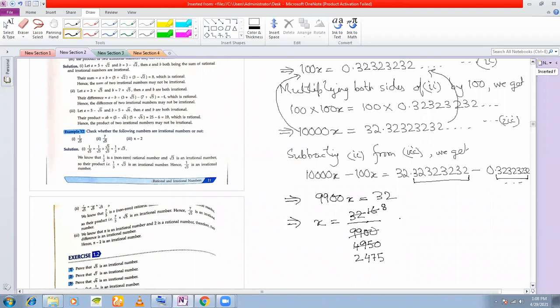I think you cannot cancel any further. You're getting 8 divided by 2475, so this should be your answer. Okay. So we have converted the number with recurring and non-recurring decimal parts into a fraction, showing that it is a rational number. Okay. Any questions on this?